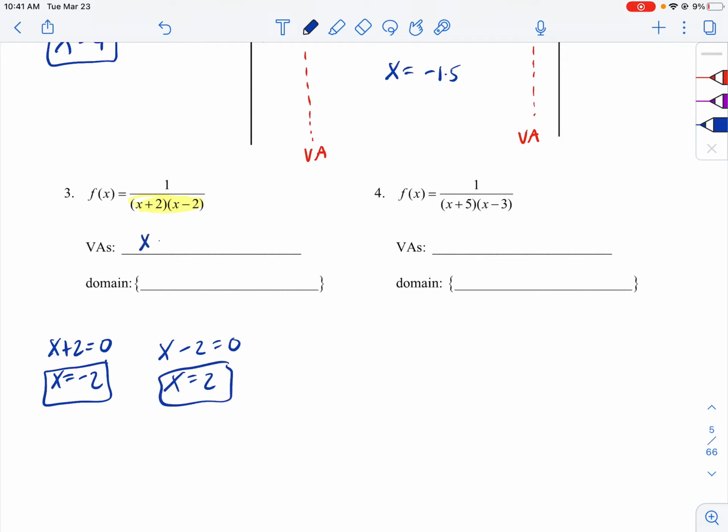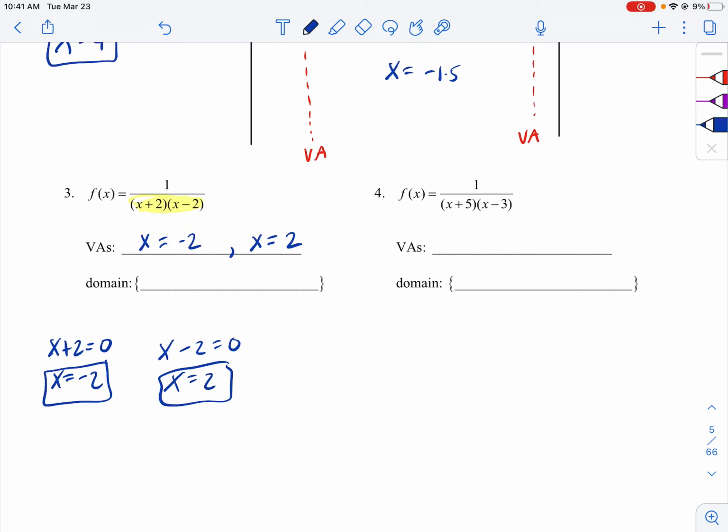So our vertical asymptotes, and I need it to be written this way: x equals negative 2 and x equals positive 2. Okay, it has to be written that way or else I'm not going to give you full credit. Because these are two vertical asymptotes, I want it written differently.